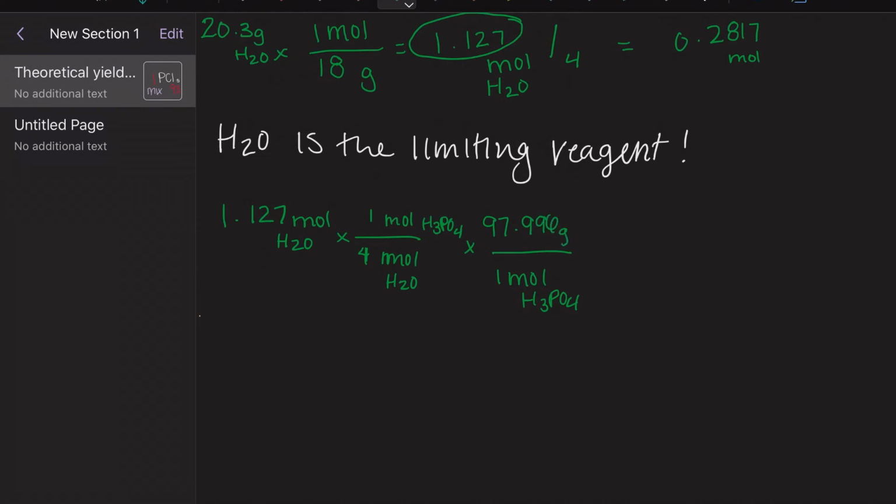And that all equals 27.6 grams of H3PO4. And that is our theoretical yield.